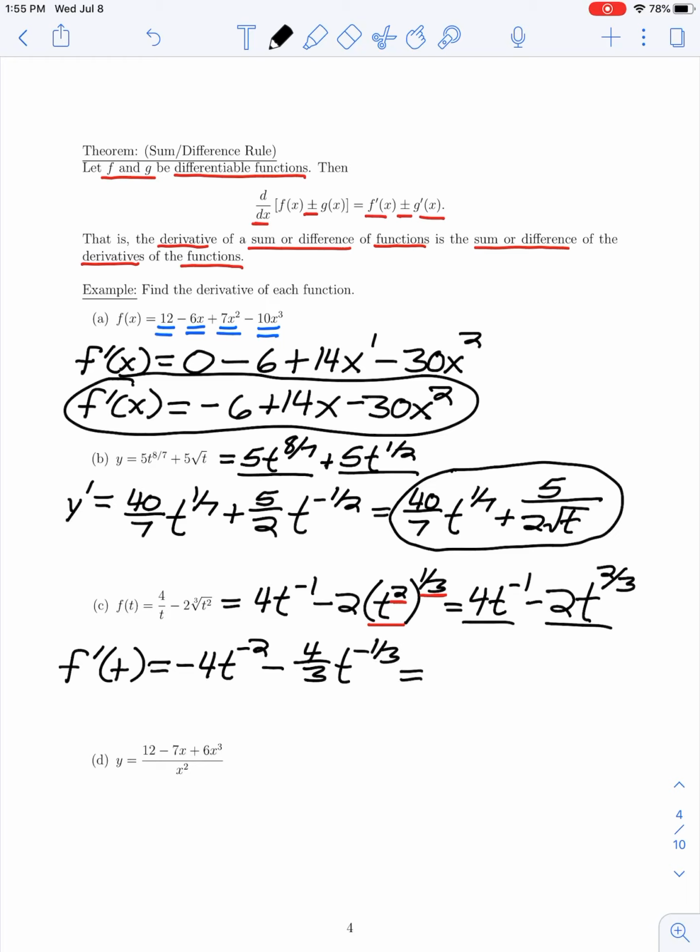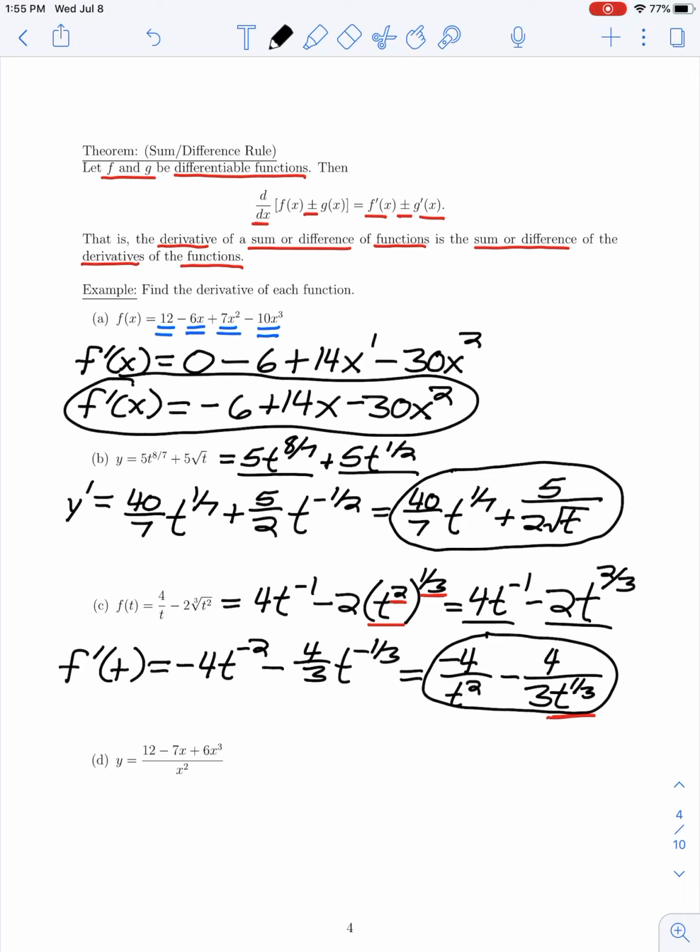Or if I want to rewrite this using positive powers, I could take this as negative 4 divided by t squared minus 4 divided by 3 times t to the 1/3 power. Or if you want this t to the 1/3 power in the denominator, you could rewrite it as the cubed root of t. So we find this expression for our derivative.